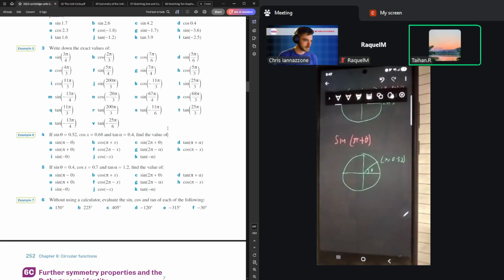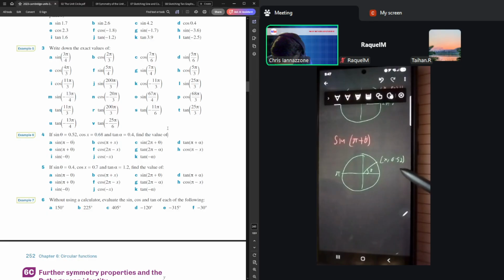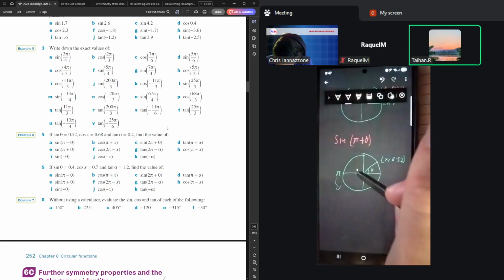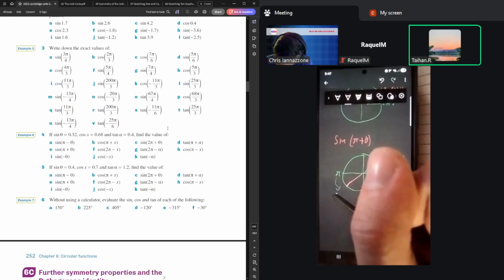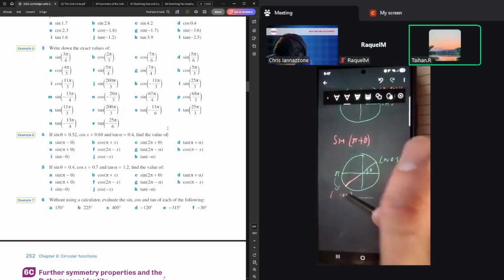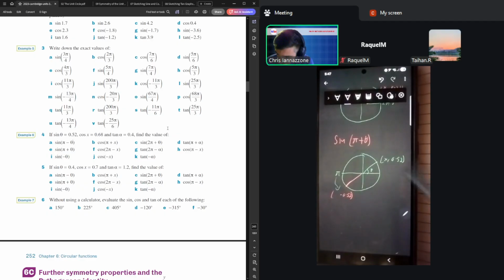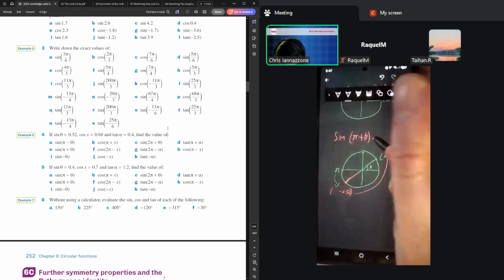This one, just like the first one, you're starting from pi, and then we're adding theta, so moving in an anti-clockwise direction. So now, because sine is a y value, it's going to be negative, so it would be negative 0.52. That's it. Yeah, we're in that third quadrant. We're below the x-axis, and so we should have negative y values, and therefore negative 0.52.